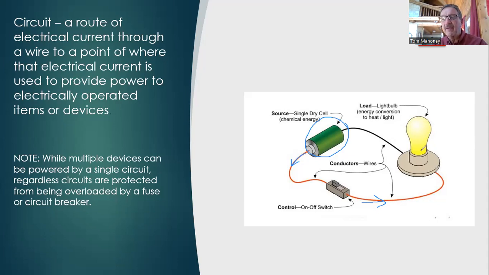And in this case, it's a light bulb. This circuit right through here is the return, or commonly referred to as ground. Without the ground, the electricity cannot complete its circular requirements throughout the system.